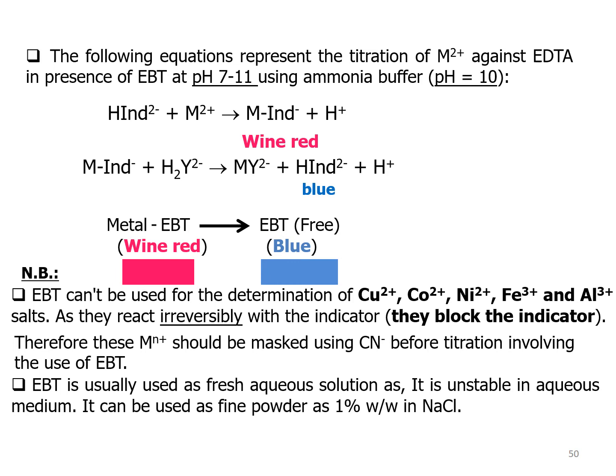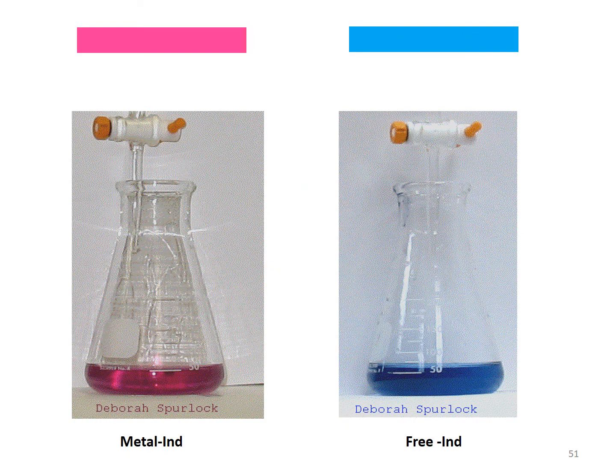EBT also should be used as a fresh aqueous solution or fine powder. Here is the difference in color between the metallized form and the free form of the indicator.